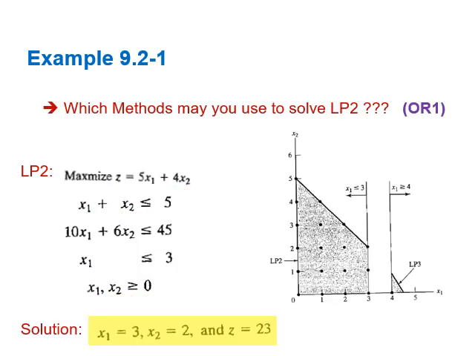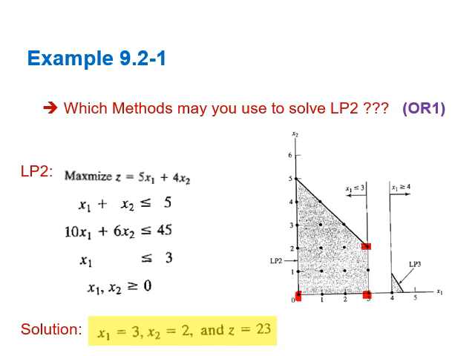We have this LP2 formulation and we need to solve it. The feasible region of LP2 is here. Which method can we use to solve this problem? If you like, you can use the simplex algorithm, but there is no need because it only has two decision variables, x1 and x2. You can use the graphical solution method. The optimal solution will be in one of these four corners.